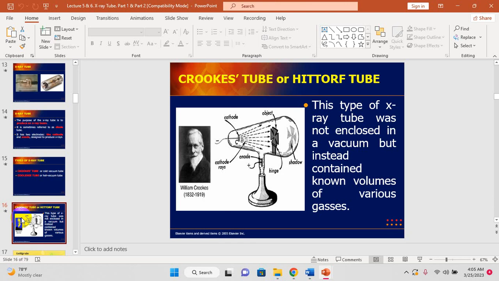So, ito na. Crookes tube. This type of X-ray tube was not enclosed in a vacuum, but instead contained various volumes of gases. So, hindi siya masyadong efficient kasi punong-puno ng gas. Ito yung ginawa ni William Crookes na ginamit naman ni Röntgen when he discovered the X-ray in 1895.